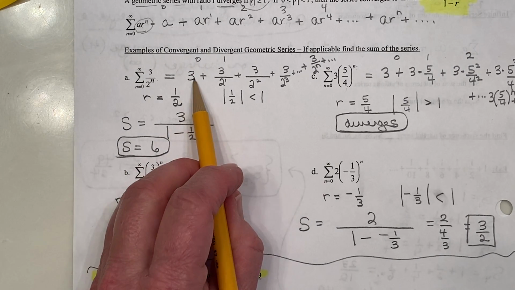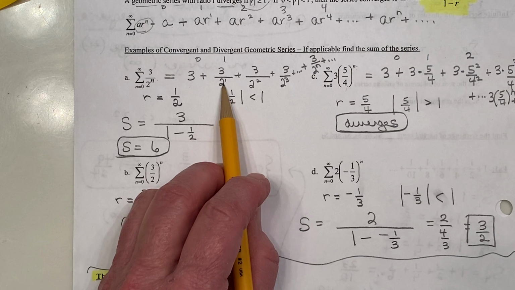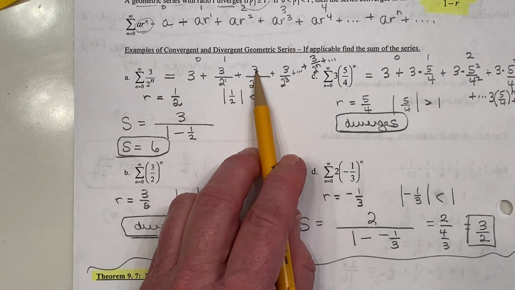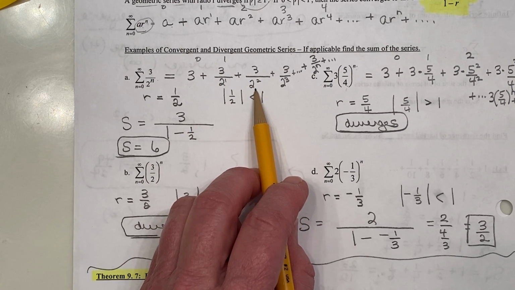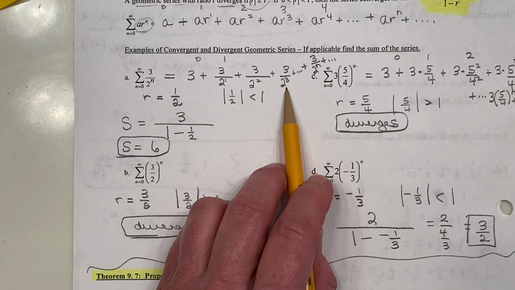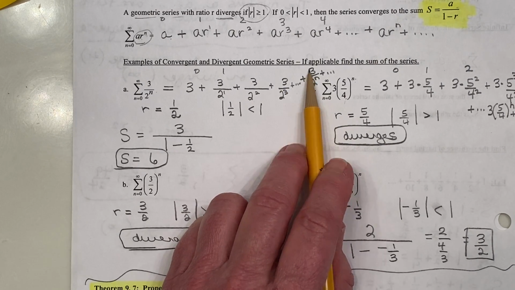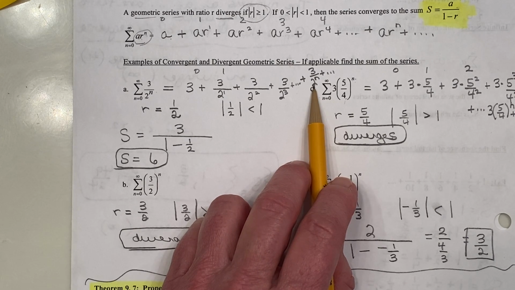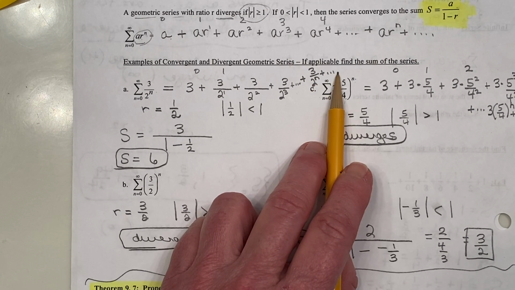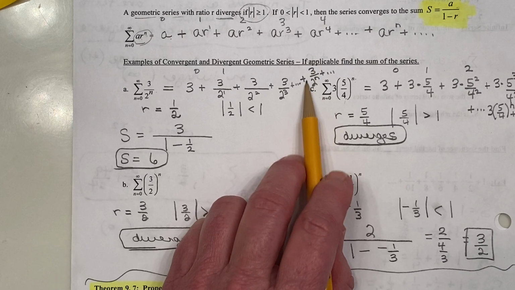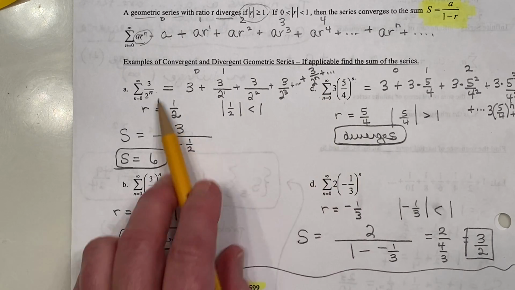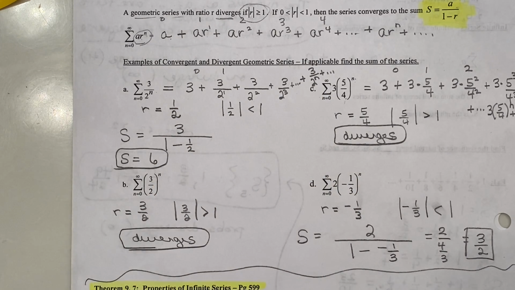So this is 3, this is 3/2, already less than 3. This is going to be 3/4, 0.75. This is 3/8. This is going to be 3 over infinity eventually. Well, 3 over infinity is 0. So the further you go out in this series, the limit of the nth term has to be approaching 0 if this is a convergent series.